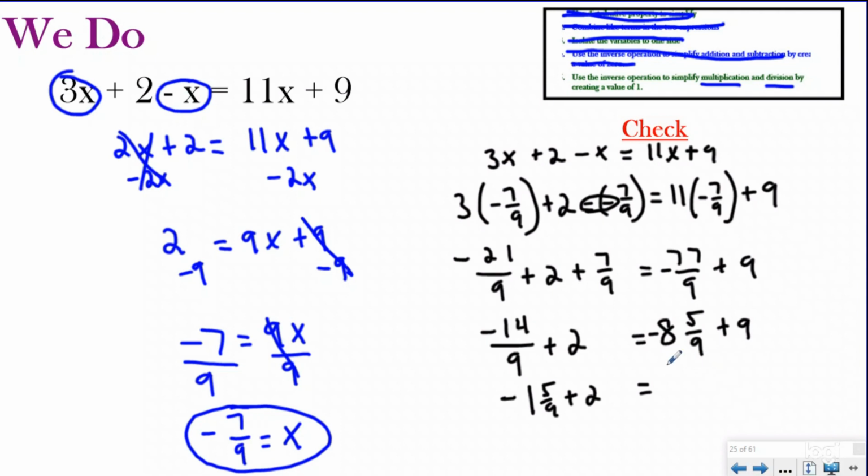When I combine these, this is going to be positive 1 and 5/9 on that side. And if I combine the other side, that's also positive 1 and 5/9. So I can see that my solution was correct because my equation is balanced.